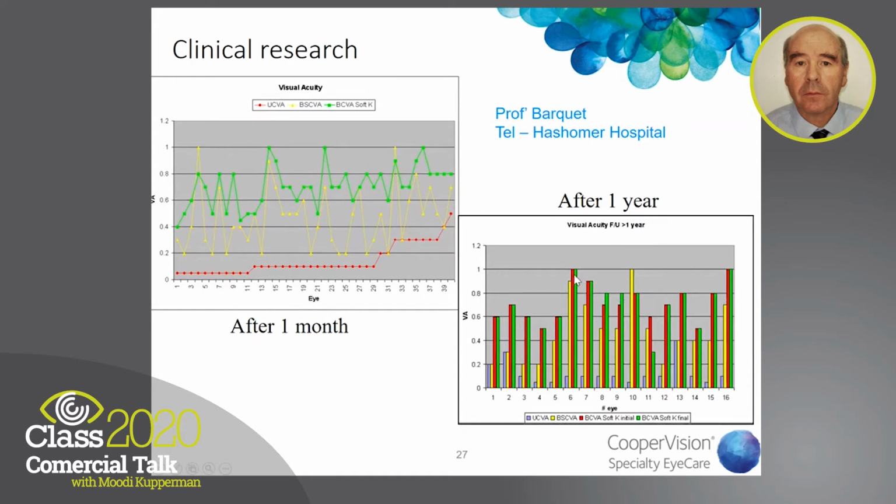We find that the red one is at the beginning and the green one is at that time, and in most of the cases, even all of them, some are even improving, but in most of the cases, at the beginning and after 1 year, they go to the same vision.